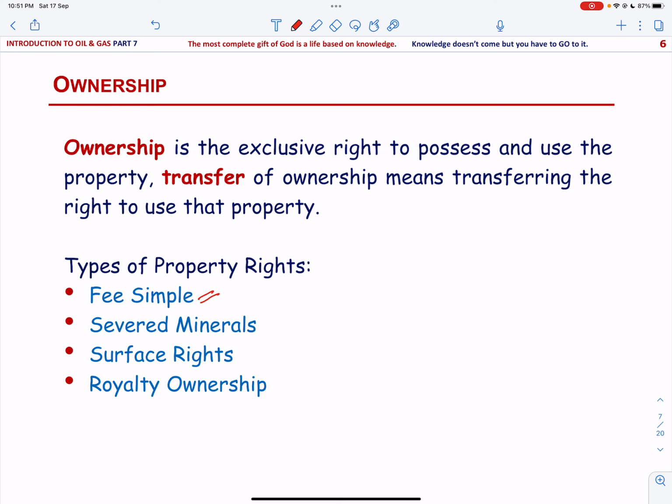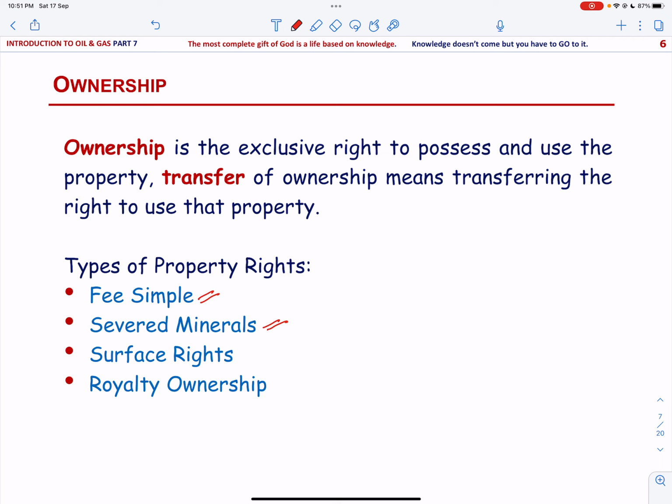The second type of ownership is severed minerals ownership. In case of severed minerals ownership, the mineral rights are owned separately from the surface right ownership. Such type of ownership is called split estate. In case of split estate, the fee simple owner transfers ownership of only the subsurface minerals or just the surface rights while keeping the minerals.